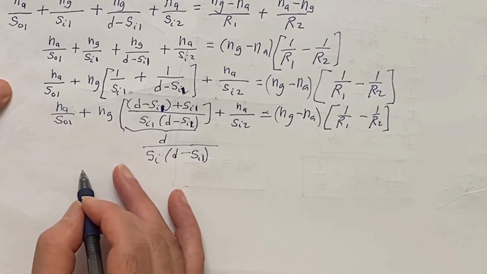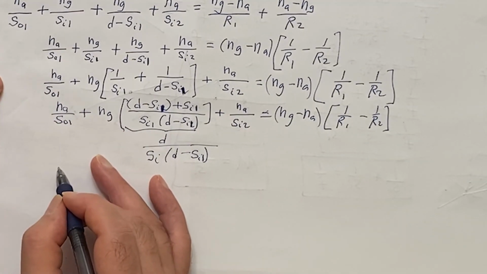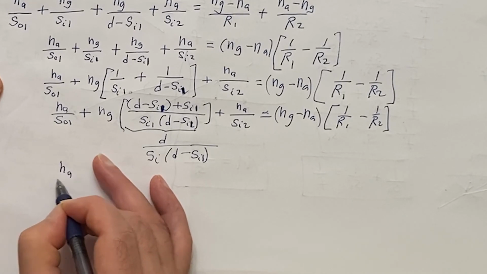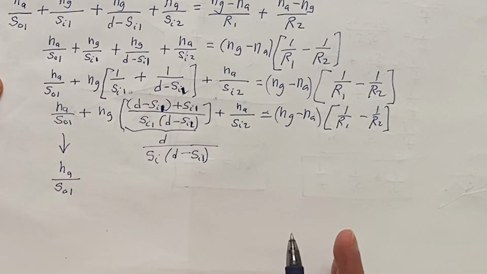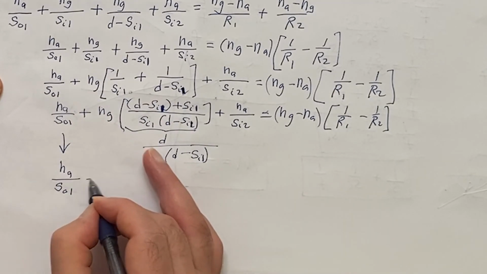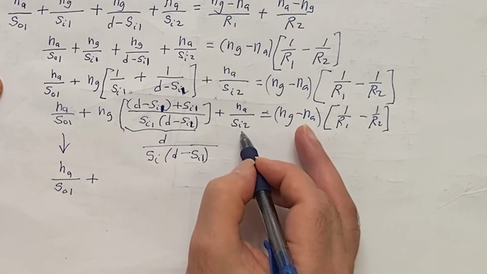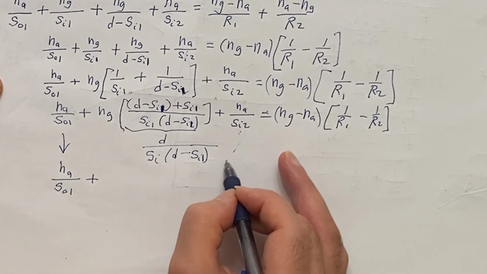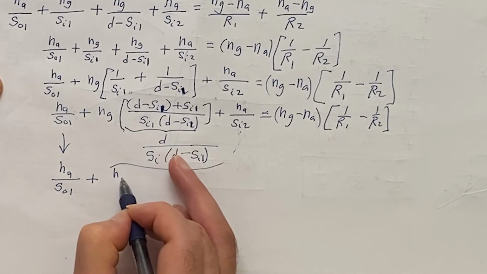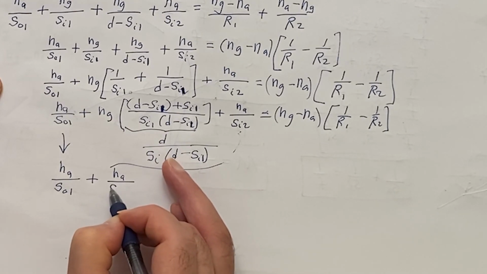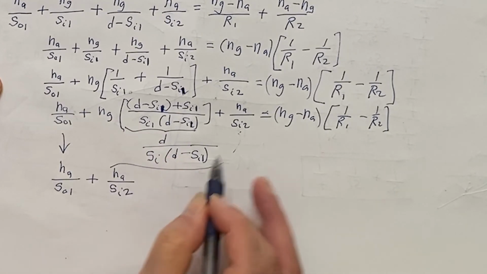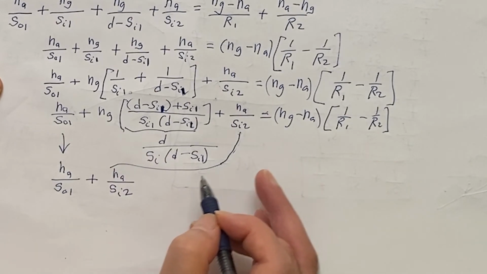Okay, so let's proceed to this next step where we have the NA over the SI1, that's this one here, and then plus, I'm going to bring this one down next, this one over here, NA over SI2, all right, that's this one.